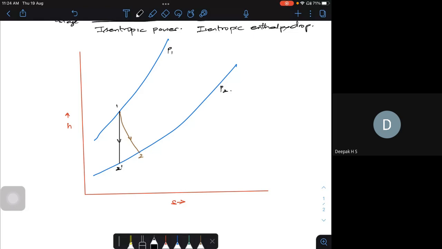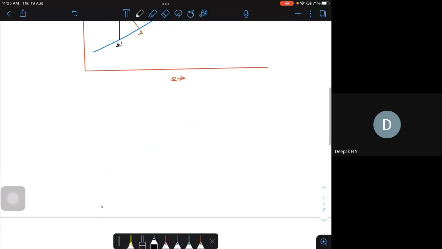Now, when I look into the isentropic power, or the power for the stage based on the isentropic heat drop or enthalpy drop, we look at the flow of steam. Consider m dot as the flow rate of the steam in kg per second.